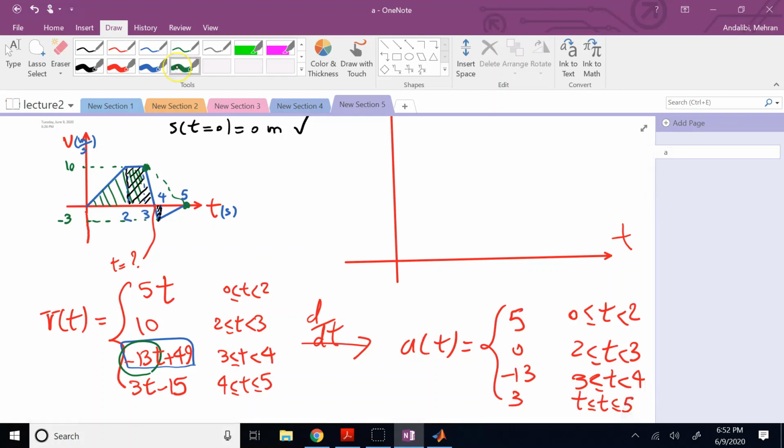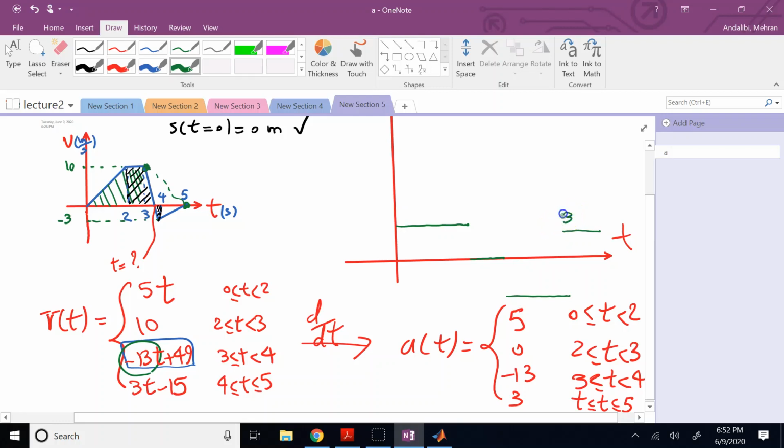Okay, so if I want to plot it, I'm going to go like 5, then go 0, then go negative 13, and then go positive 3.